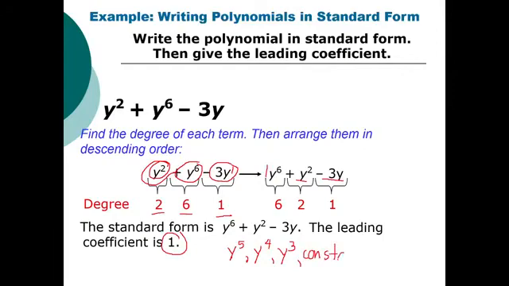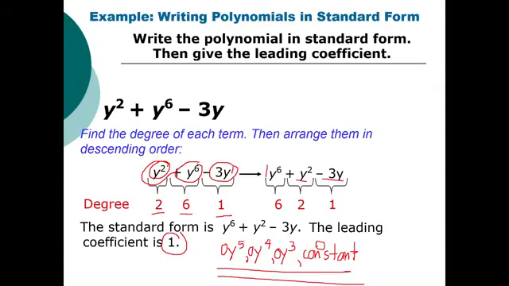These are your missing terms. That's what you call the missing terms, because the coefficient of your variable y is 0, 0, 0, and the constant here is 0.